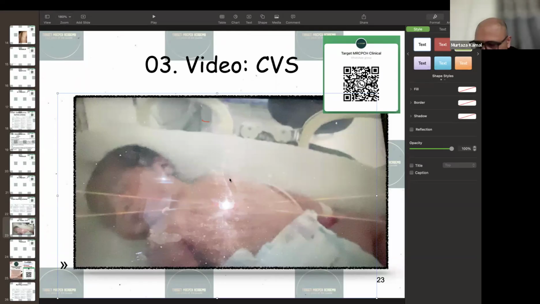Second will be seeing the BP. Saturation won't be different in the case of coarctation. Upper limb and lower limb saturation won't be different. Pulses won't be there in the lower limb, or will be feeble. BP will be less in the lower limb in comparison to the upper limb. These are the two things which you can say.